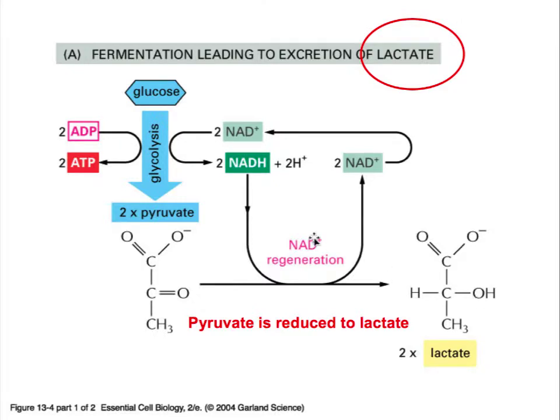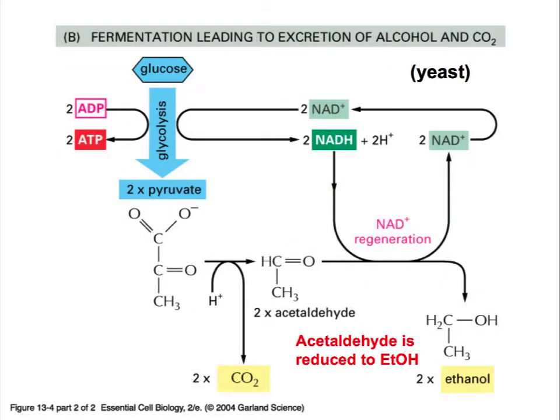The reason we're doing that is because we need to recover our NAD plus so it can continue to keep glycolysis running. Should this step become poisoned, then NADH would become accumulated in the cell and NAD plus depleted, and this step of glycolysis would come to a standstill, and in that case the muscles will completely stop. The same thing happens in the production of alcohol and carbon dioxide in yeast cells.